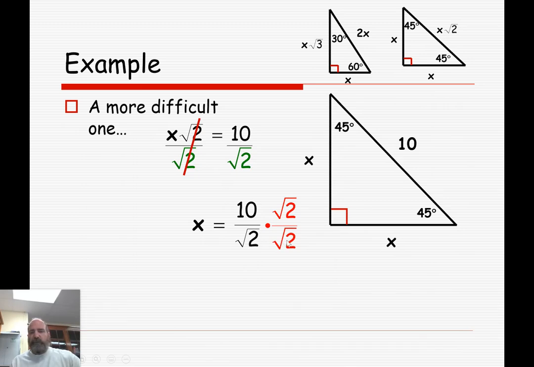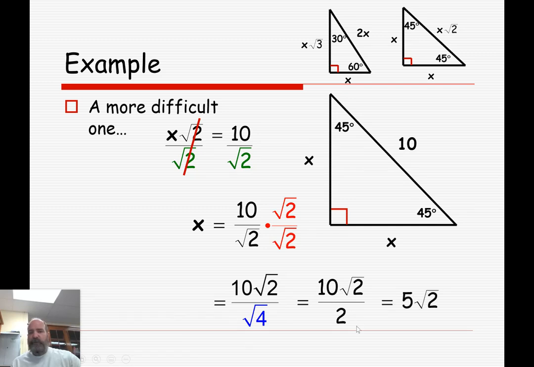But square root of 2 times square root of 2 is just square root of 4. And I know square root of 4 is just 2. And then 10 divided by 2 is 5. So this is 5 square root of 2. Okay, so this side's 5 square root of 2, and this side's 5 square root of 2.